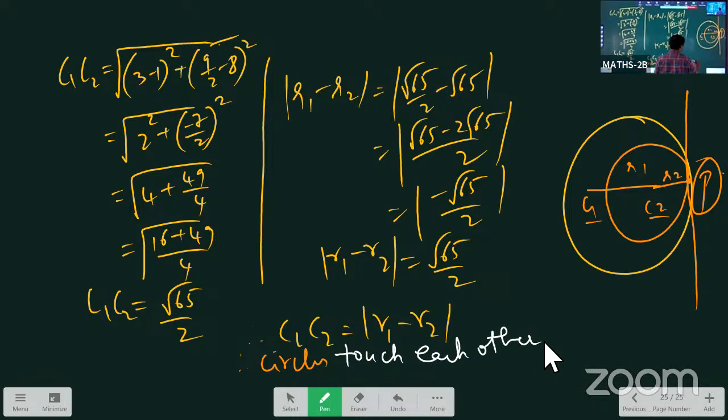Therefore, the circles touch each other internally. Okay.